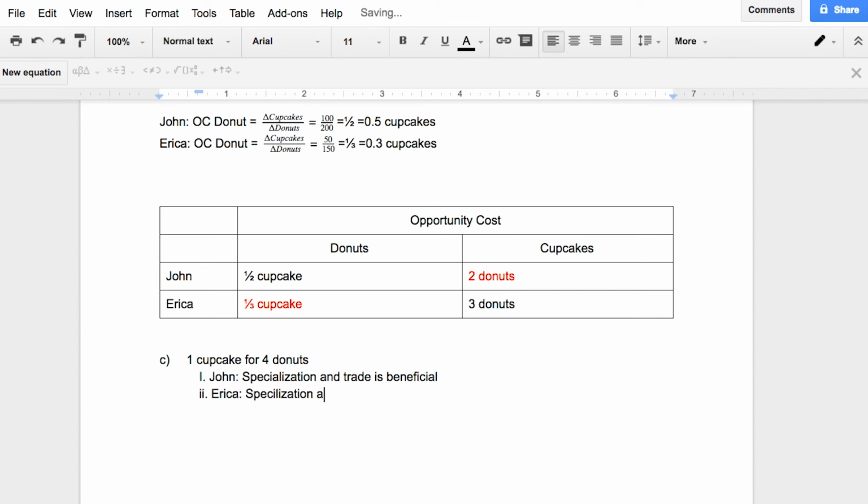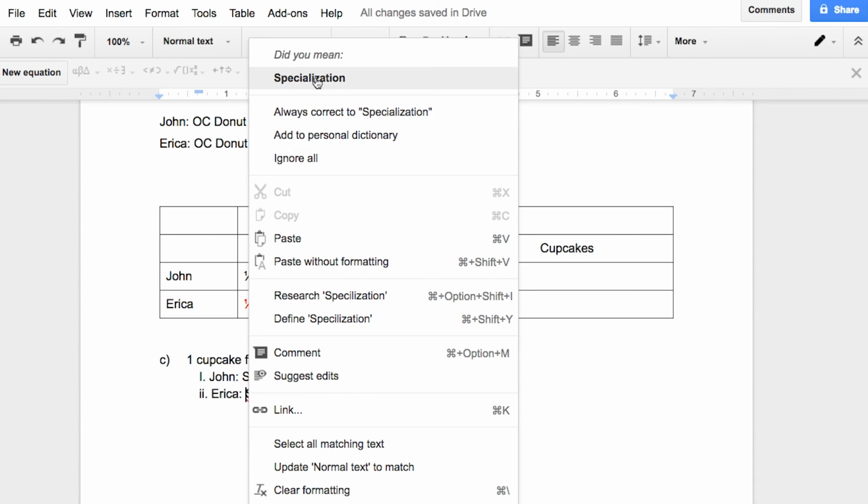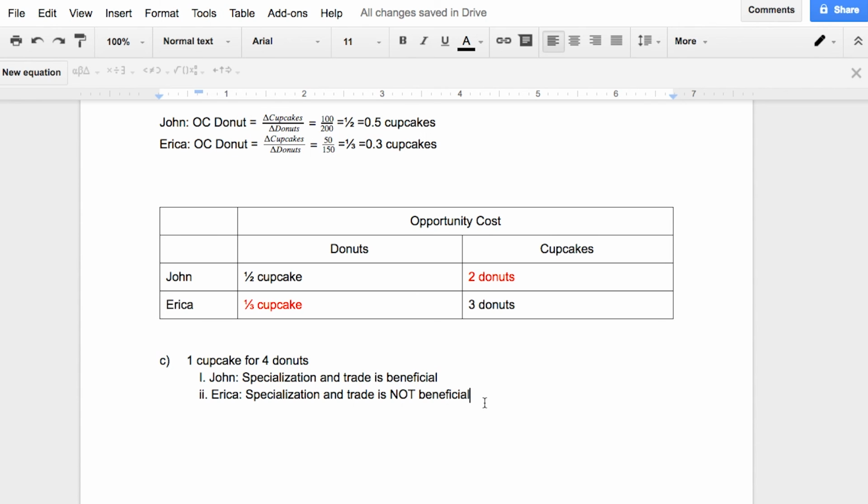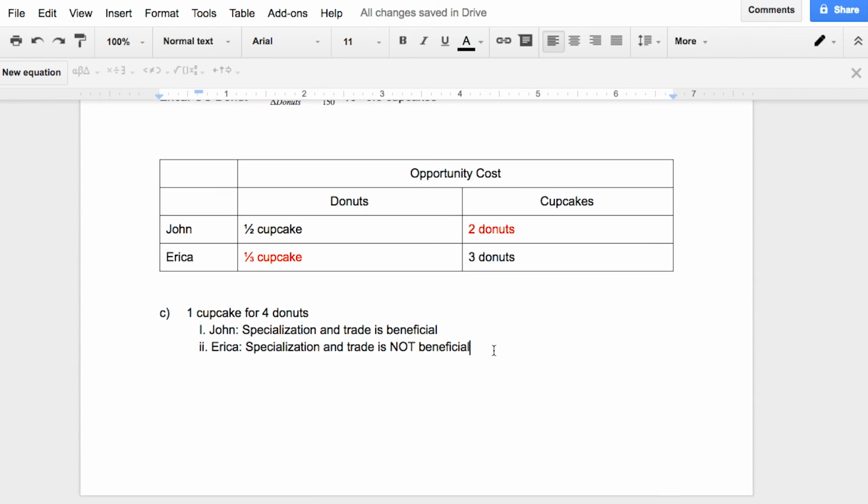Specialization and trade is not beneficial. Let's correct this. Right? If she were to just do this by herself, if she didn't specialize, if she were making cupcakes and donuts by herself, she would be much more efficient. So this is not efficient.